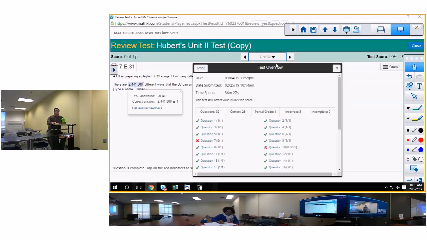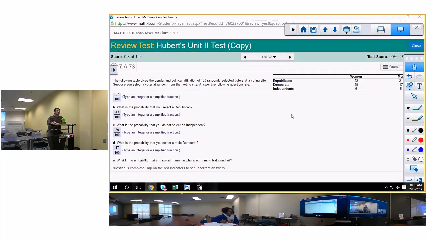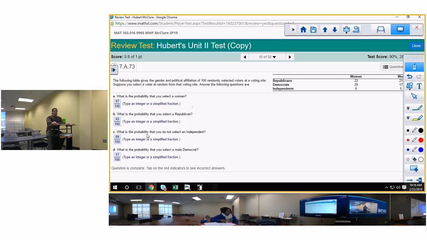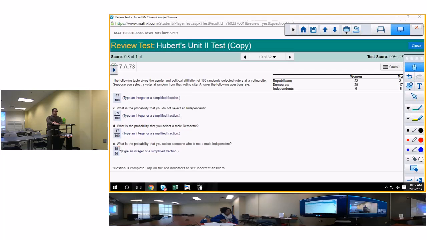All right, what next? Question 10. I got it partially wrong because I didn't simplify. I didn't reduce the fractions. Mr. B at Oconee brought that up, remember? And I said, I don't care about that. So, see, there's some you can reduce. It says, what is the probability that you select someone who is not a male independent?